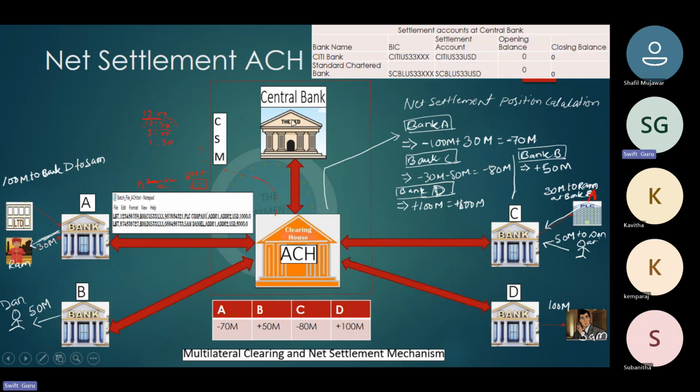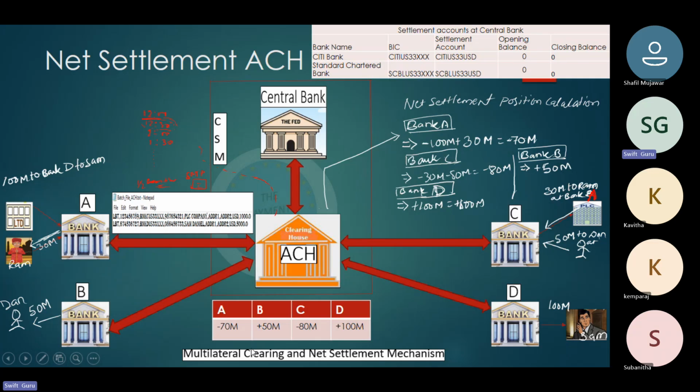Whose account? Bank A's account. Bank A, let's suppose it is Citius Bank, whose account number is, let's say, CDUS33 USD 12345 at the central bank. The Citius Bank has to now credit that 70 million into their account. So once they credit their account, what will they do? The central bank will debit that 70 million, and then they will credit the banks who are in positive positions to settle down.